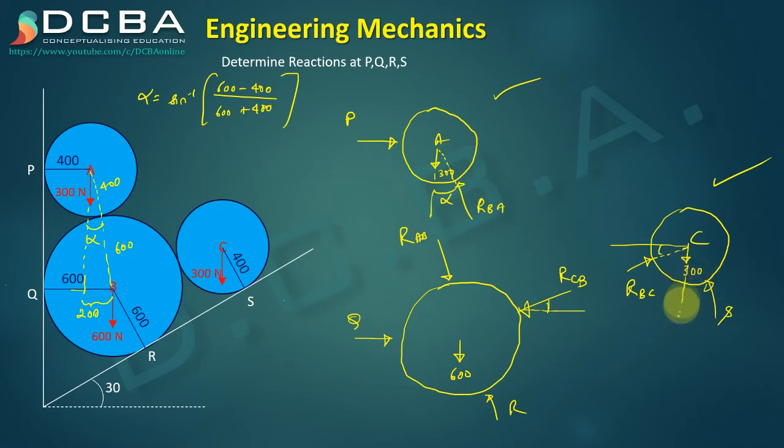Also you will have to find the angle between S and 300. The angle between S and 300 is easy to find. See, if I drop a vertical, you can see in this right angle triangle, if this is 30, this is 60. Here this is 60, so this has to be 30. So the angle between S and 300 is 30 degrees. Not a problem. The question is how to find this angle.